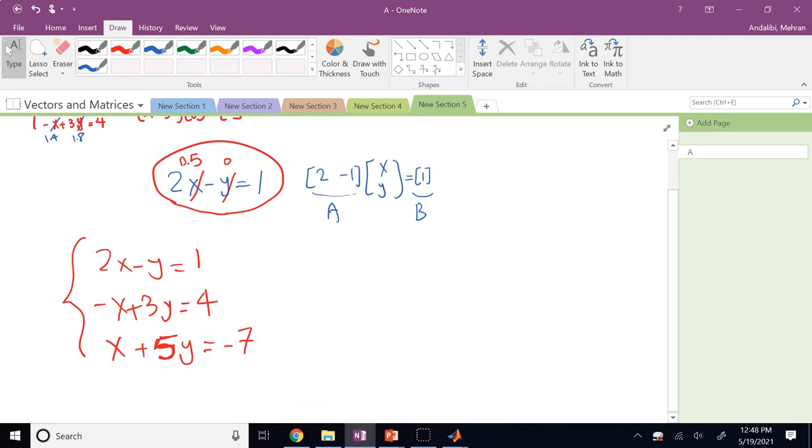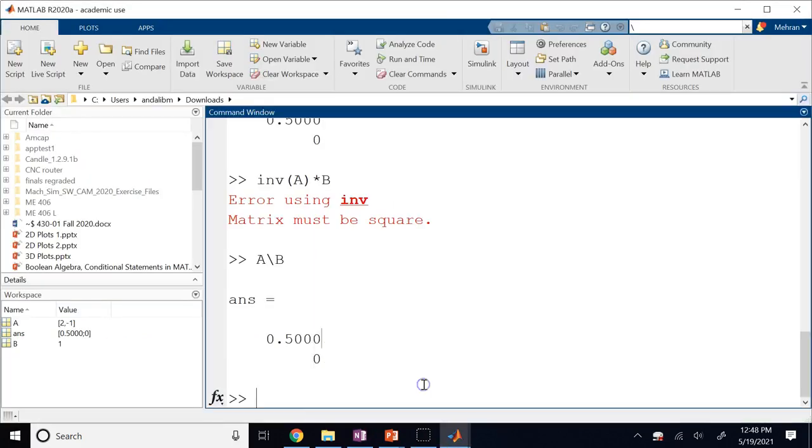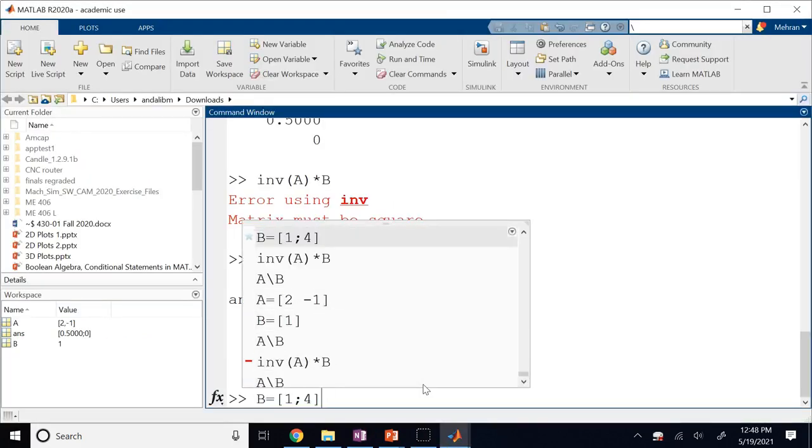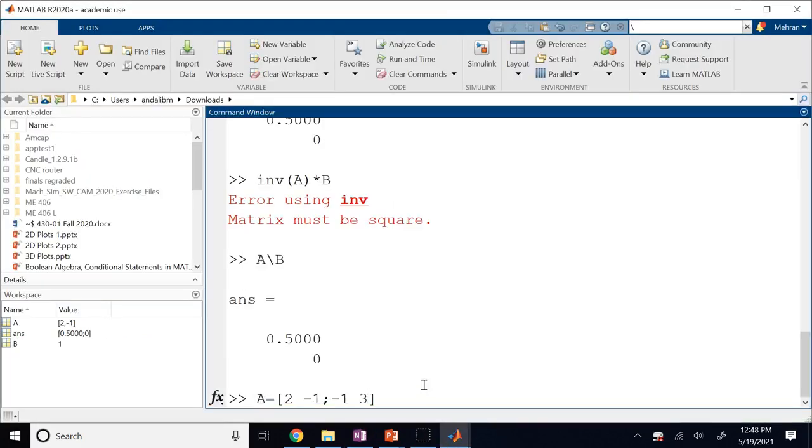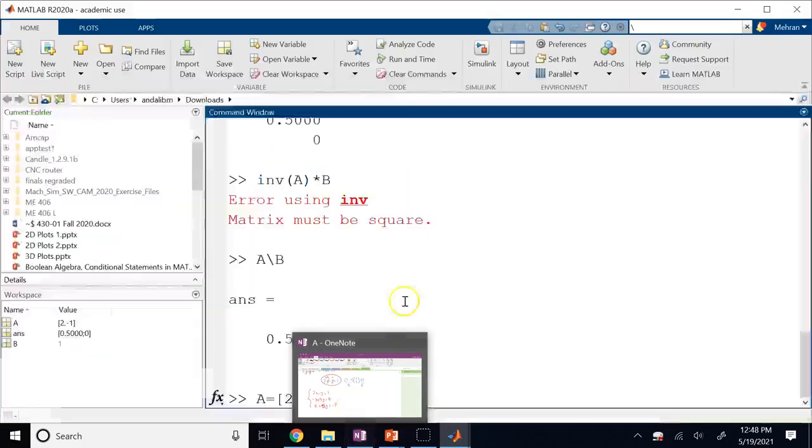What about this? This is now an overdetermined system of equations, right? You have more equations than unknowns. What do you think would happen if you pass this to Matlab? So here, I'm going to change my A, add one more row to it, and the numbers are 1 and 5.